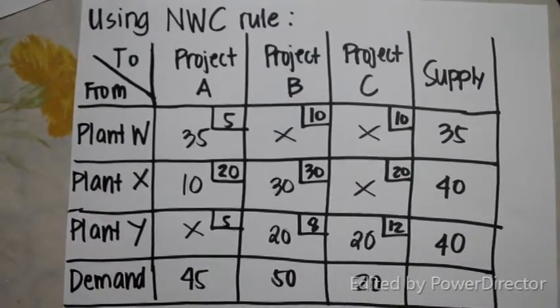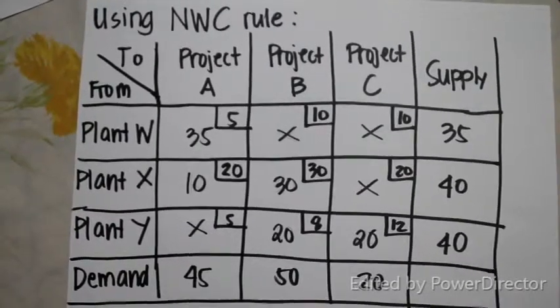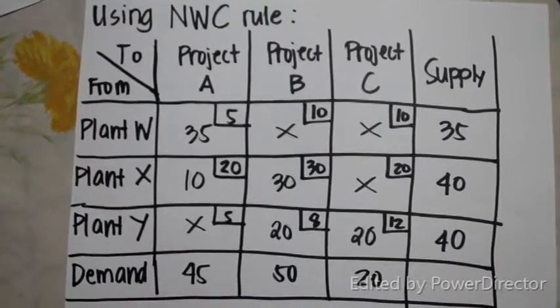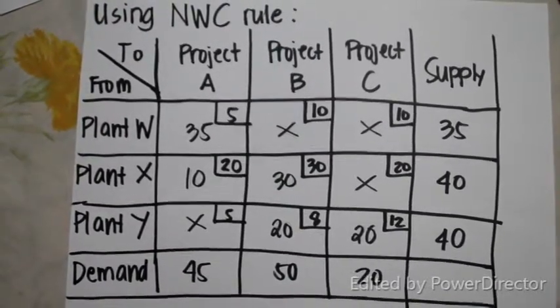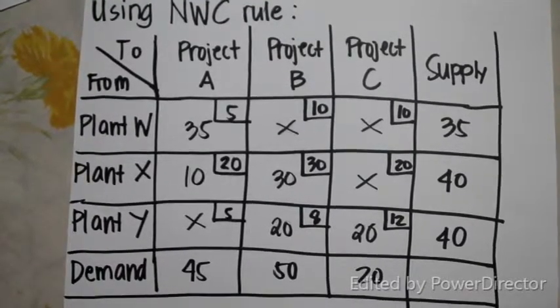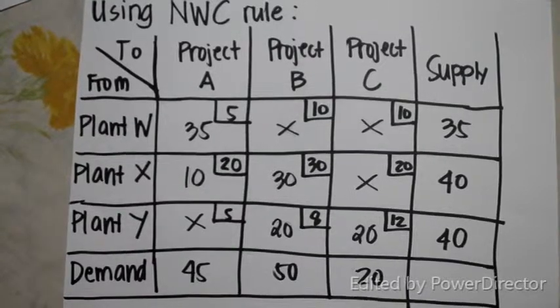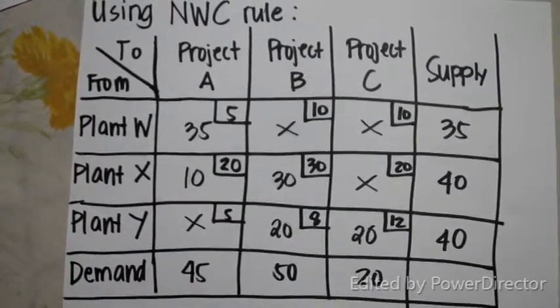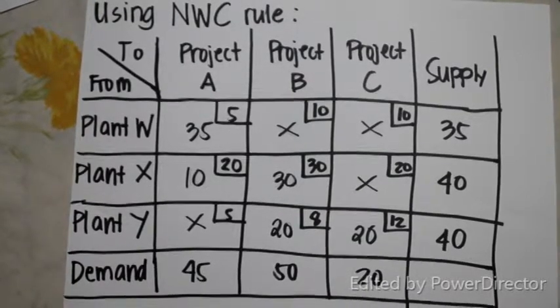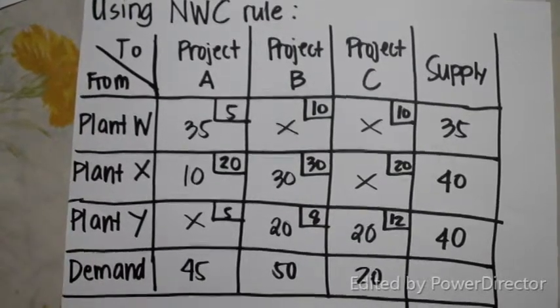So, in plant W, project A, the demand capacity is 45 and the supply capacity is 35. So, we need to allocate 35. Next is at plant X, project A. Since we already allocated 35 and the demand capacity is 45, we need to allocate 10.